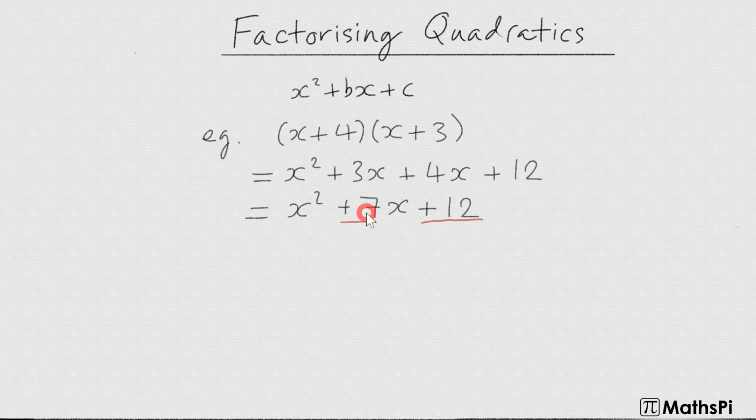For the 7, the two numbers inside the brackets, the plus 4 and the plus 3, quite simply add to make 7. So 3 plus 4 makes the middle term, 7. And then the same two numbers, positive 4 and positive 3, multiply to make the constant term, which is 12.